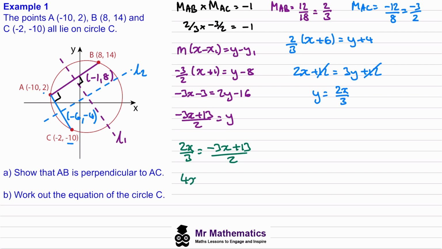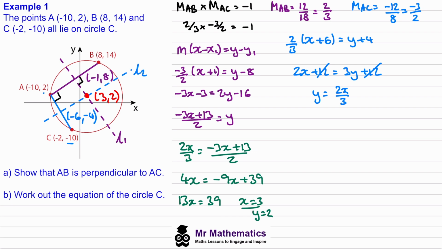So 4x will equal negative 9x plus 39. 13x will equal 39. x will equal 3. And then we can substitute this 3 back into the equation of a line, and this will give us y equals 2. What this tells us is that the centre is at the point 3 and 2. And I'll mark this on our diagram.